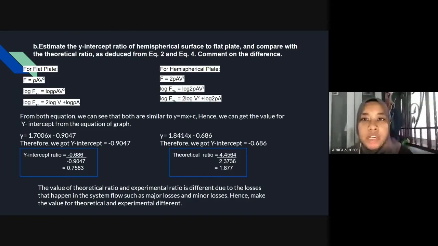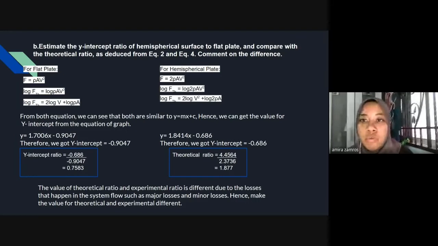So from both equations, we can see that both are similar to y equals mx plus c. So we can get the value for the y-intercept from the equation of the graph. We use the same one as before, which is y equals 1.7006x minus 0.9047, and then we got a y-intercept of negative 0.9047.